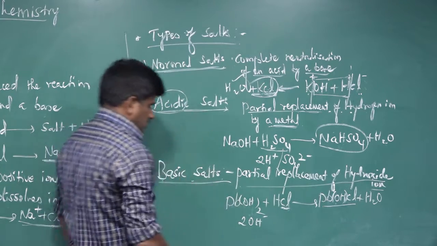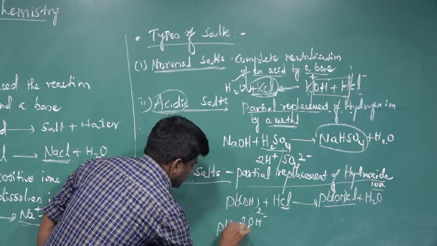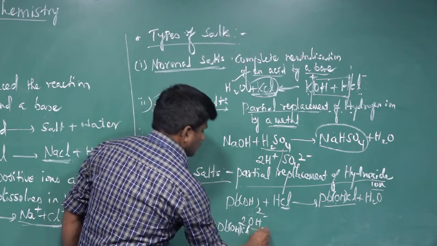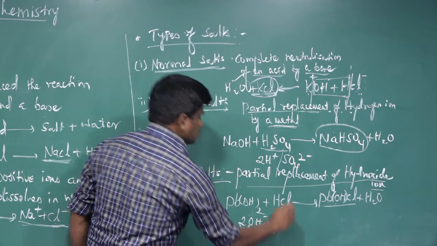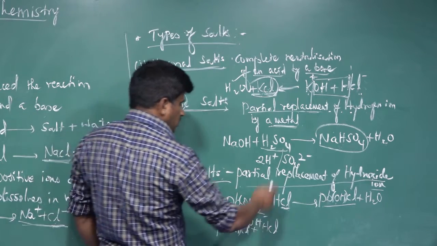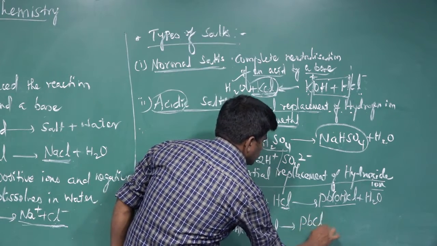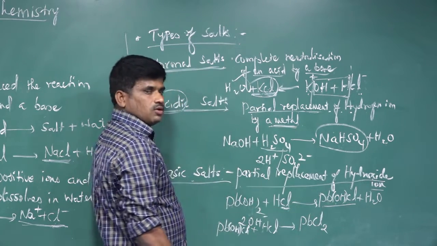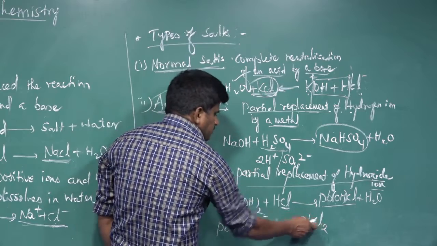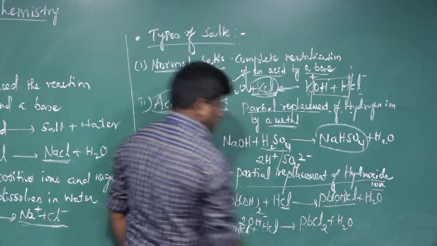This basic salt, PbOHCl, further reacts with a strong acid, that is HCl. This produces a normal salt, a simple salt, that is PbCl2, with water additionally.